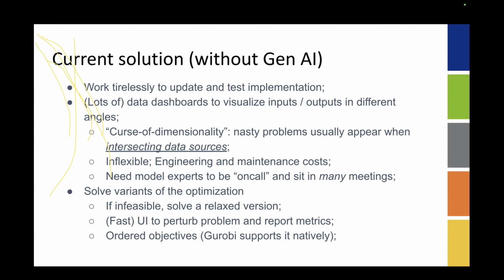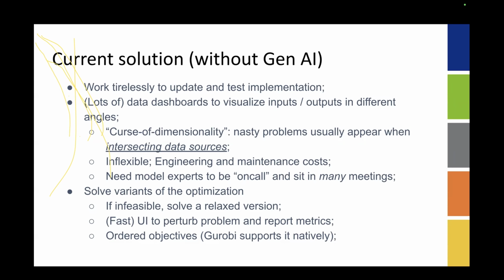And one last thing, in reality, we always end up solving a lot of variants of the optimization model itself. If the model is infeasible, we have to provide a solution. Hey, why is it infeasible? Which part of the data is causing the problem, right?